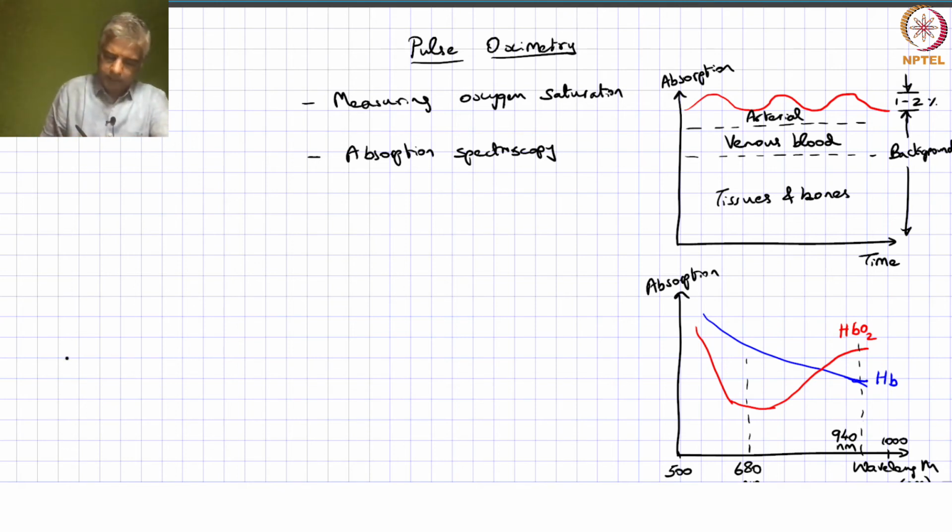Okay. So how is it typically done? Well, like I talked about, this is one of the most accessible regions. Some people do it on the ear also, but this is more common. Just your finger. You might have seen there is something like a clip that goes over the finger, and through that they do the measurement.